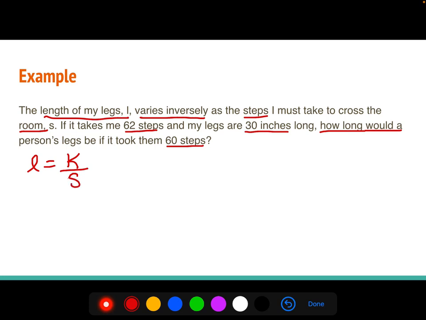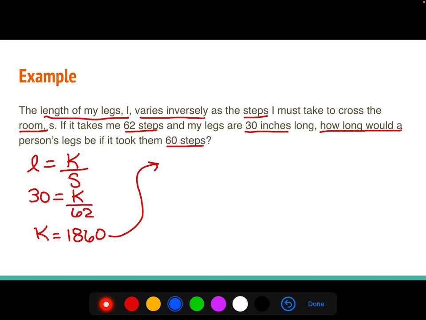Okay, I'm going to do the same idea. My legs vary inversely with my steps. We plug in what we knew: our legs were 30, our steps were 62, and when we solved that earlier, we got our constant to be 1860.